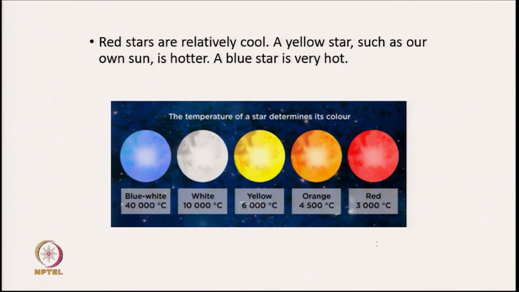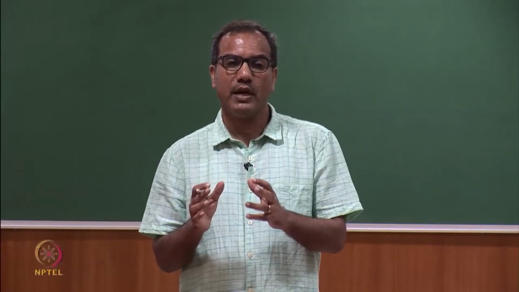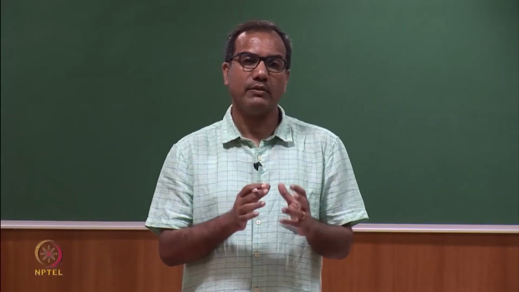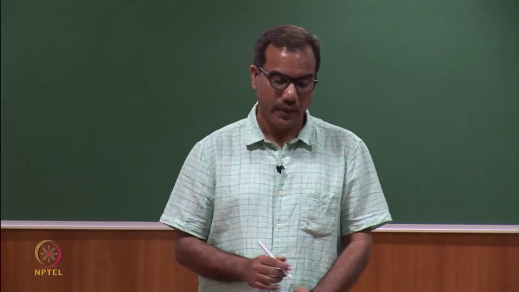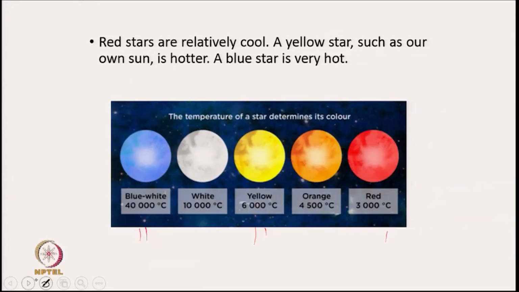A red star's temperature is around 3000 degrees Celsius, a yellow star like our sun is 6000 degrees Celsius, and a blue-white star is at 40,000 degrees Celsius. So it is the temperature which decides the color of the stars.